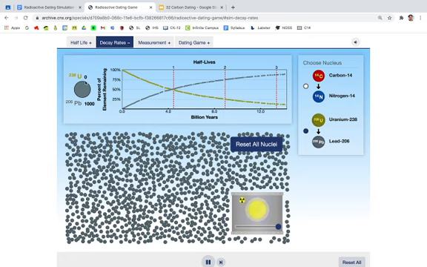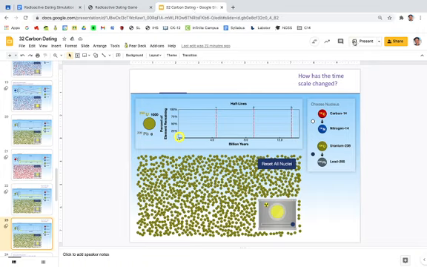Okay, so one thing I want to point out is that in carbon-14, the uranium becoming 0 was much faster than the process. So the process in carbon-14 was much faster than what happened here in uranium. Okay, so remember that.